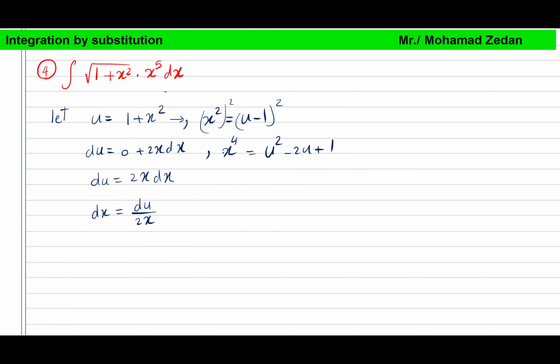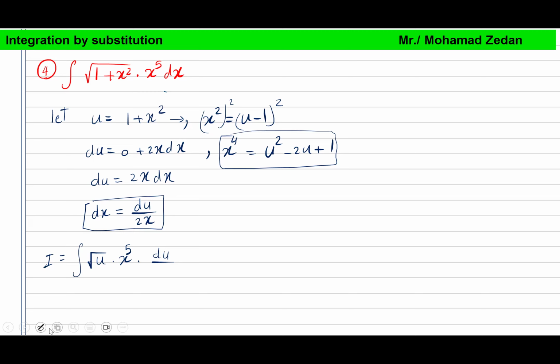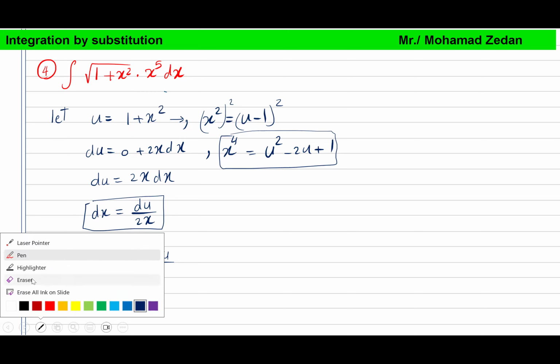So by this substitution and this substitution, I can now rewrite the original integral as the integral of square root of u times x power 5 times dx, which is du over 2x, or I can rewrite x power 5 as x power 4 times x. Okay?